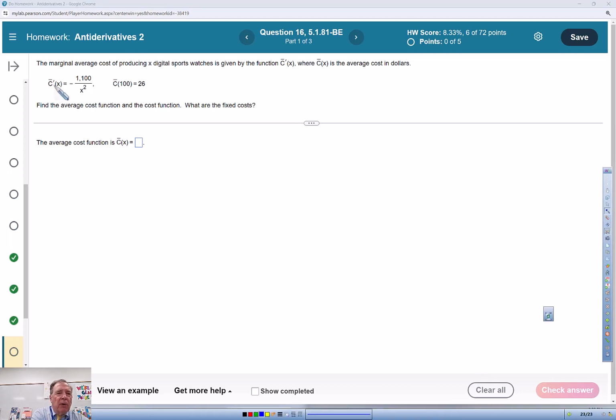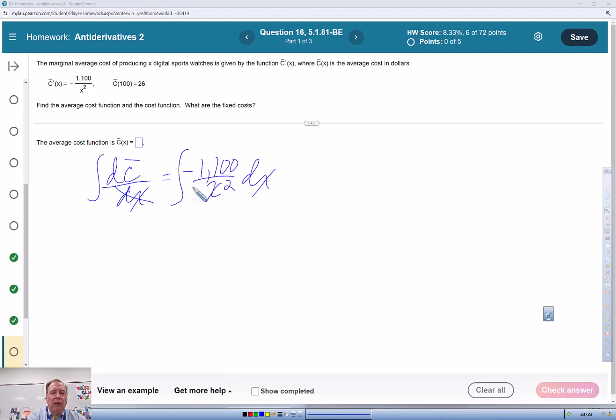So I'm going to rewrite this as dC bar dx equals negative 1100 over x squared. I'm going to multiply both sides by dx, then we'll antiderive both sides.